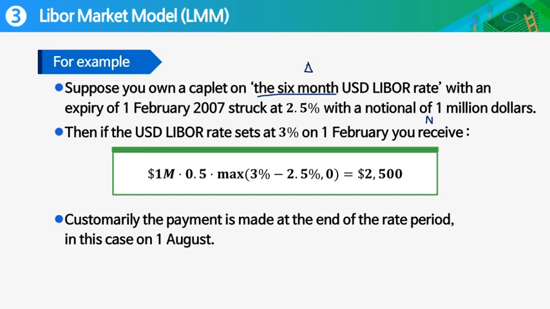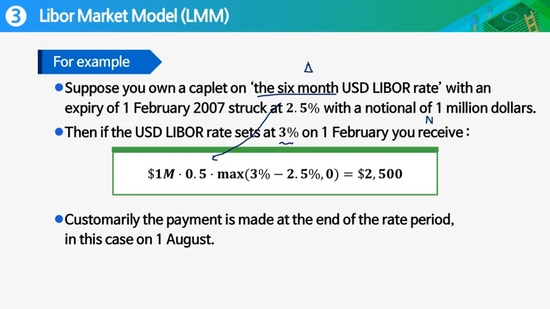Then if the USD Libor rate is set at 3% on February 1st, you receive 1 million multiplied by 0.5, which is delta, the 6 months rate, times the max of 3% minus the strike rate 2.5%, and 0, which is $2,500.